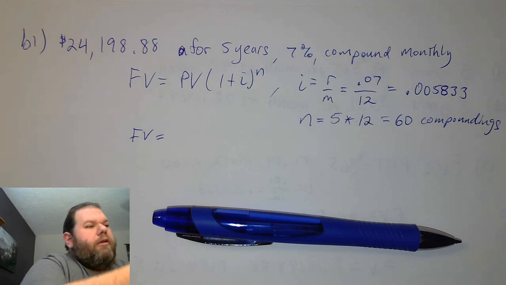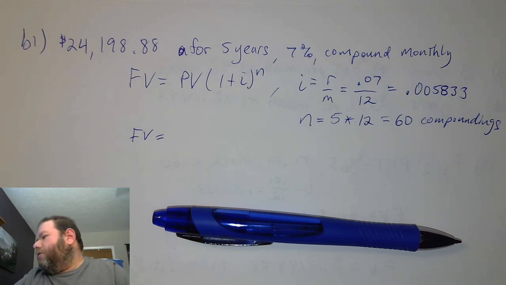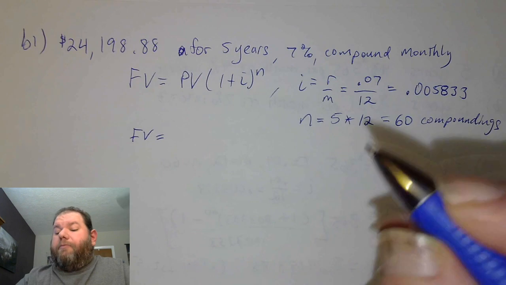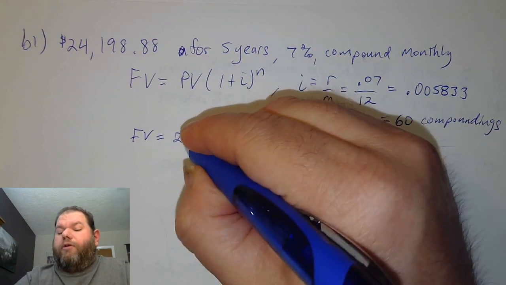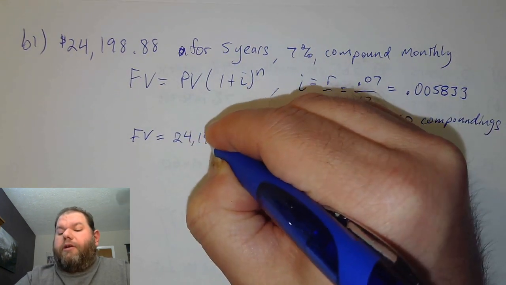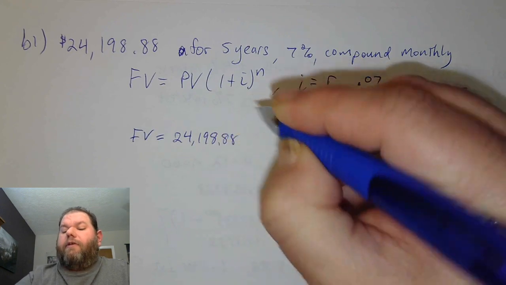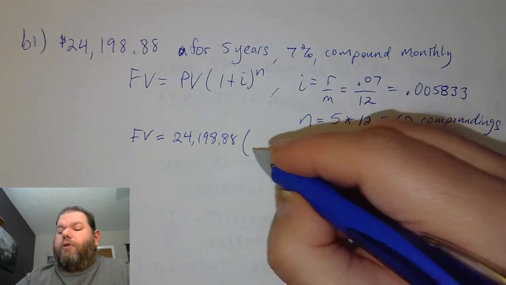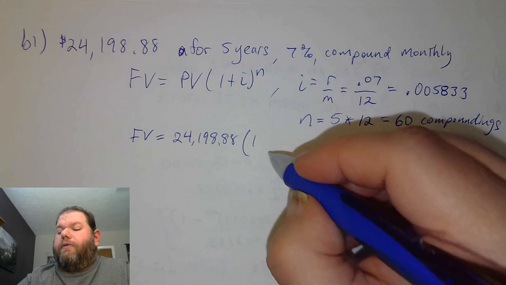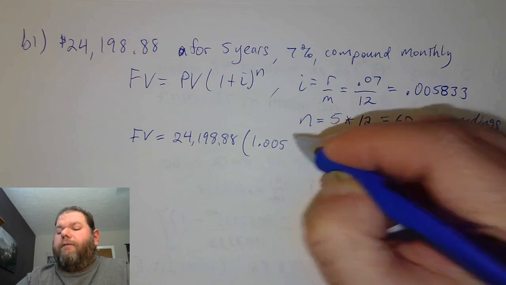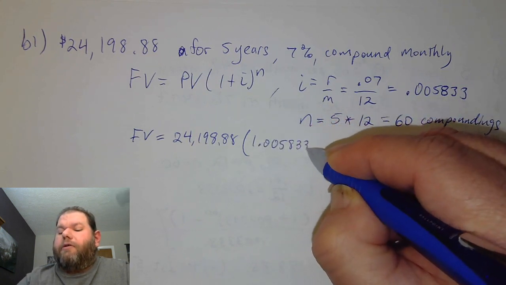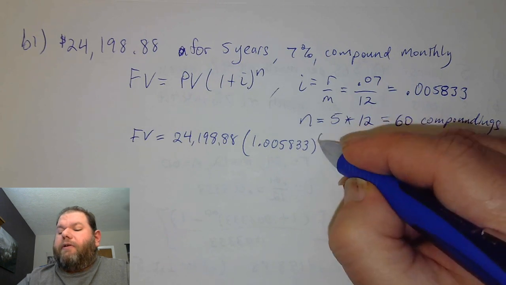Anyway, continuing on this example, so we have our $24,198.88, and then 1 plus I is 1.005833 raised to the 60.